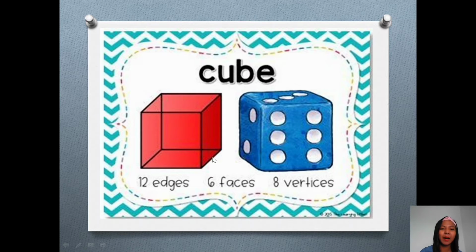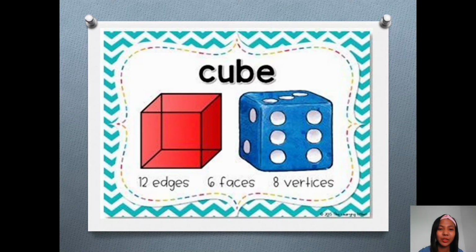Next, the cube has 6 faces. One flat surface in front of this figure, another at the back, another face at the top, another at the base or the floor, and another at this side and this side. So there are 6 faces.